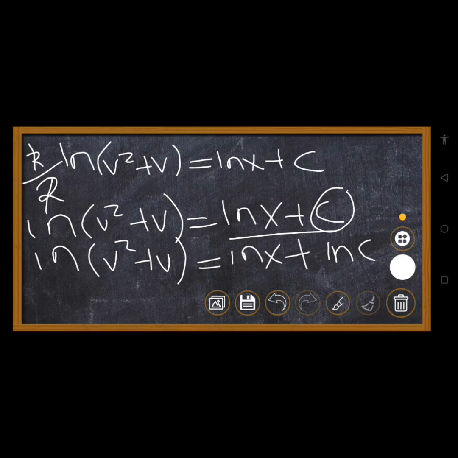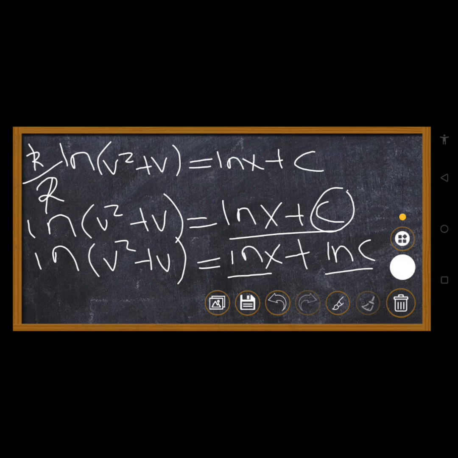It does not make any difference since it's constant, so it can be any value. Now according to logarithmic rules, when you are adding logarithms, it means that you are multiplying the two, and when you are subtracting, it means you are dividing.